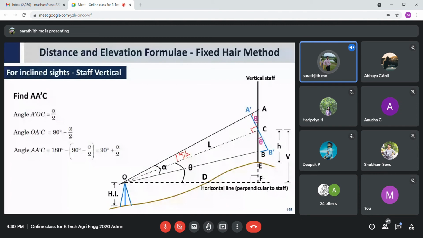What would be this angle? This angle would be 180 minus 90 plus alpha by 2. Is that true? Which is equal to 90 minus alpha by 2.